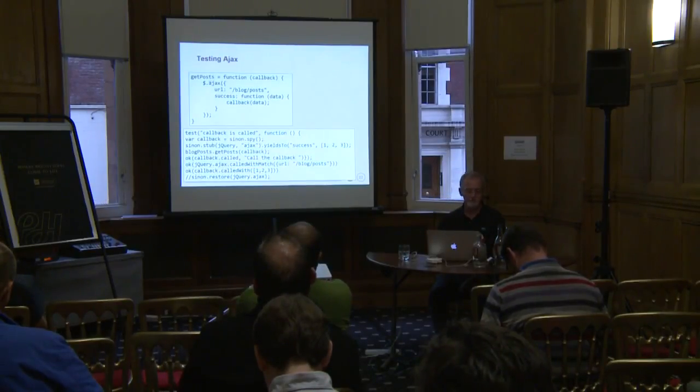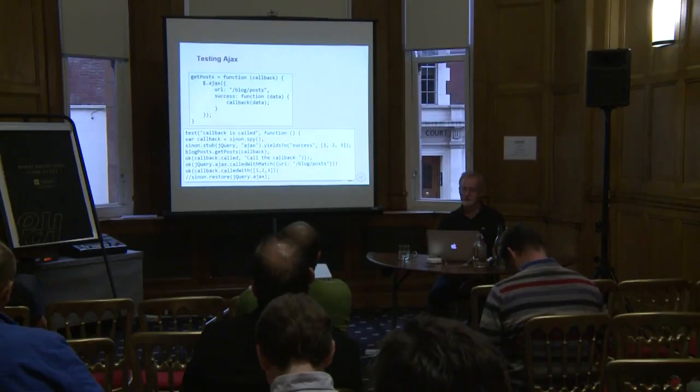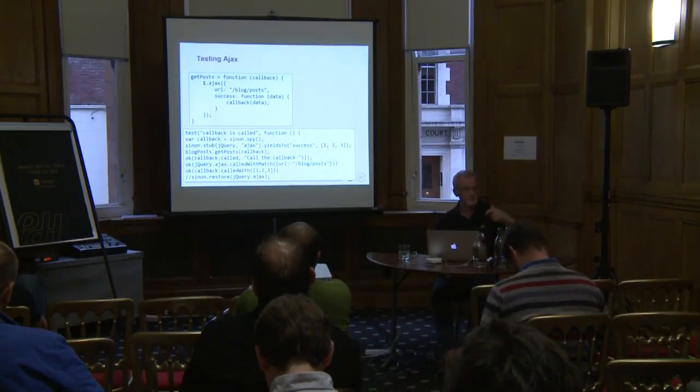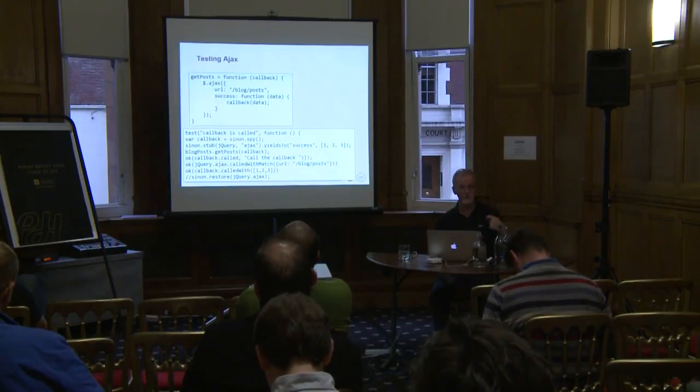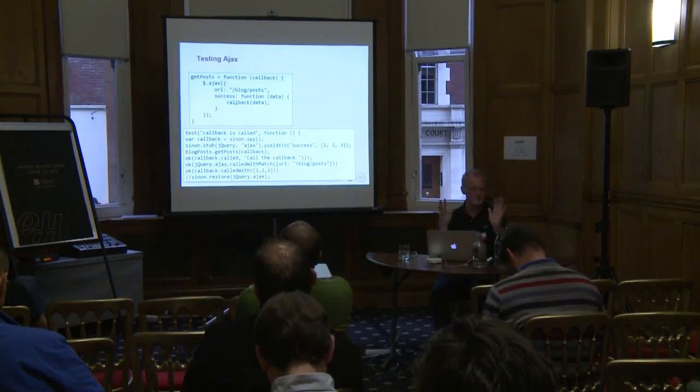So $ is my jQuery object. Ajax is a call on jQuery, and that Ajax call says take that URL /blog/post and send a request to the server. In this case, I'm not changing what the type is, so it sends a GET request to the server and pulls back some data. When that comes back, it'll execute this function here, or return me a promise object, or however you want to set this thing up, and do some work on that.